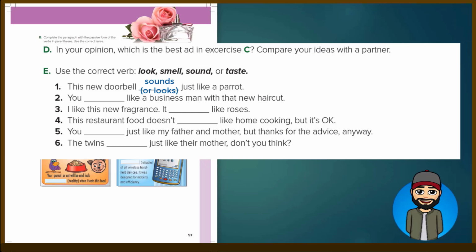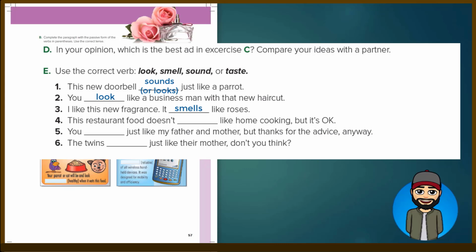Number 2, you blank like a businessman with that new haircut. So he's talking about the look. So he says, you look like. Number 3, I like this new fragrance. Fragrance means smell. So it smells like roses.